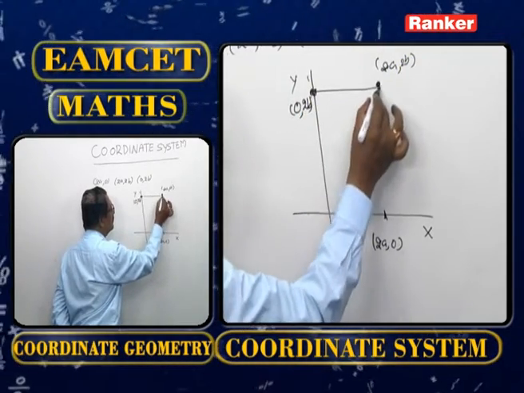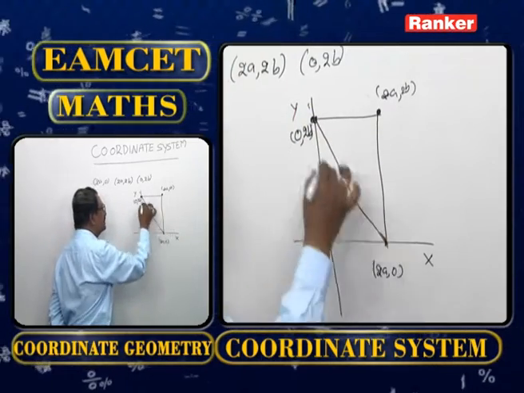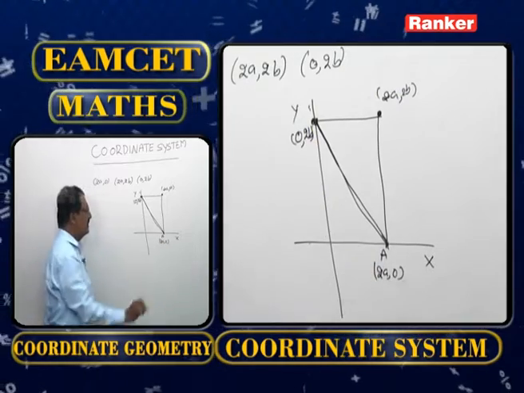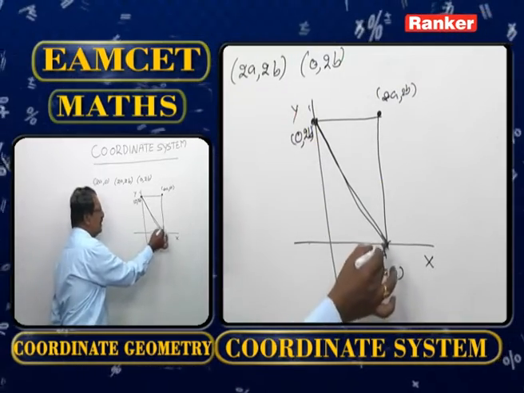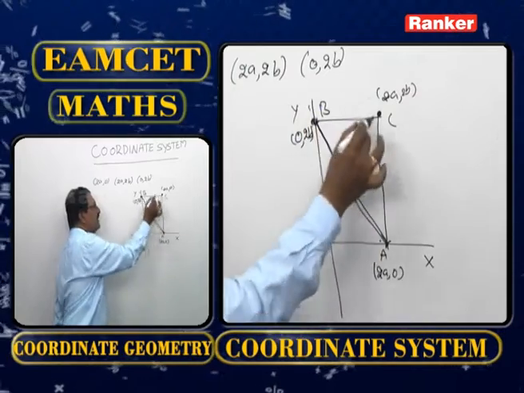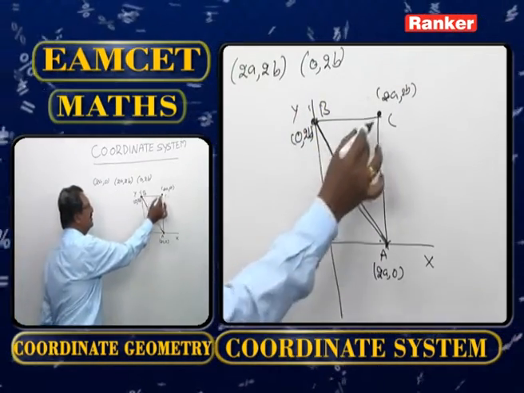Now the given points form a right angle triangle. Consider the points as A, B, C. Triangle ABC is a right angle triangle and its right angled vertex is C.